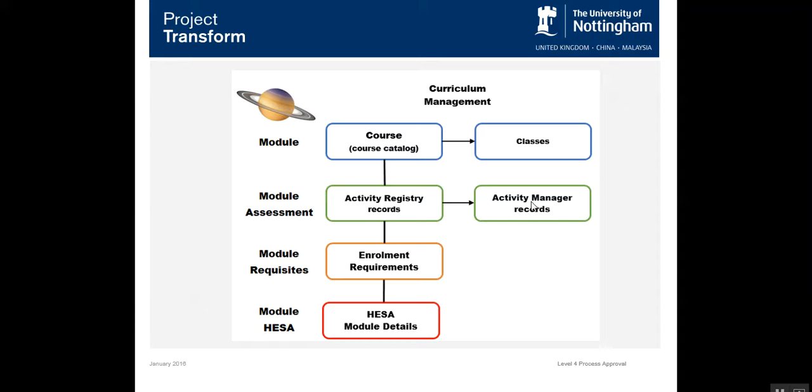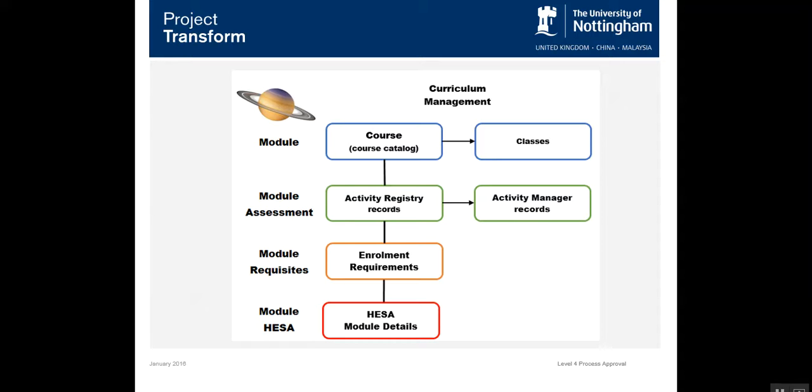And we can make adjustments or provide additional information in that activity registry record, which is specific to that term or academic year, such as due dates or resit functionality, how we're going to deliver the resits, or exam periods.